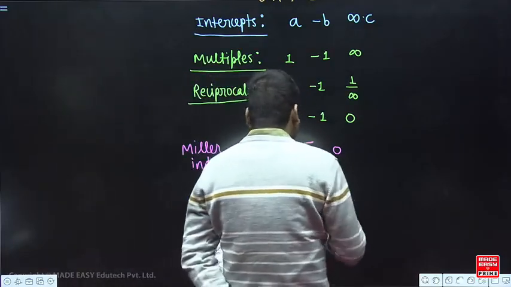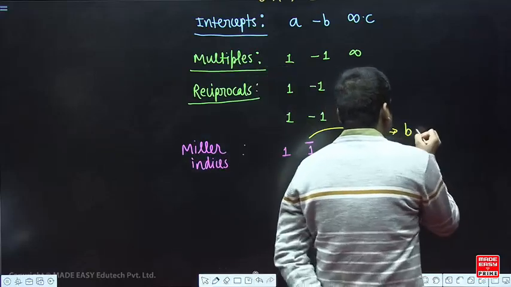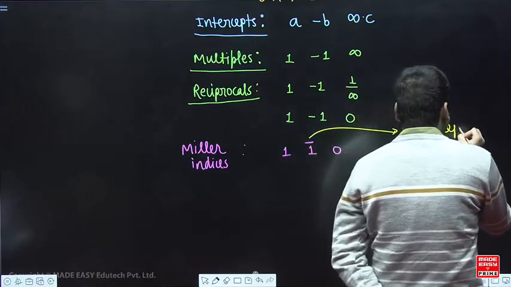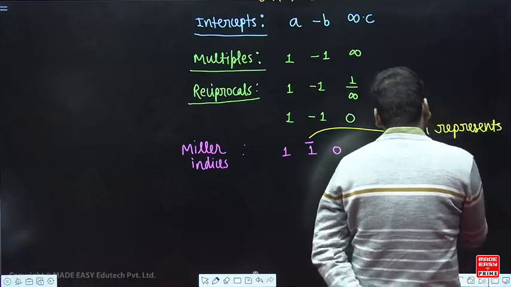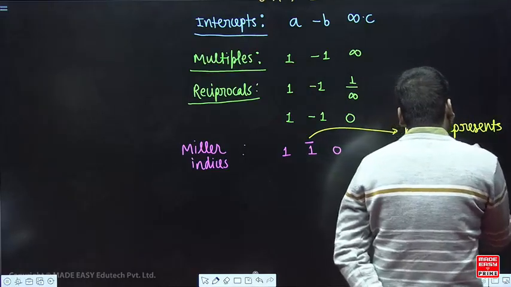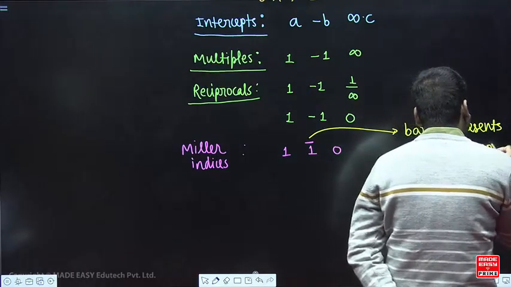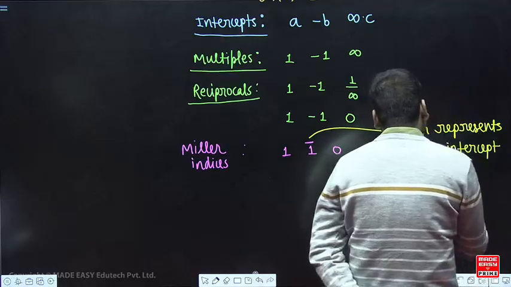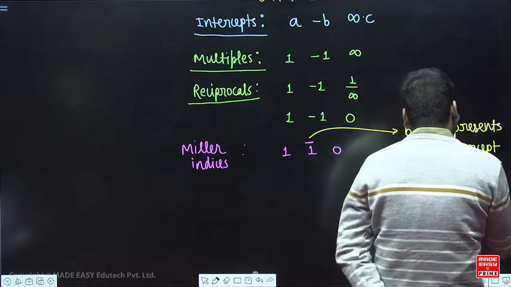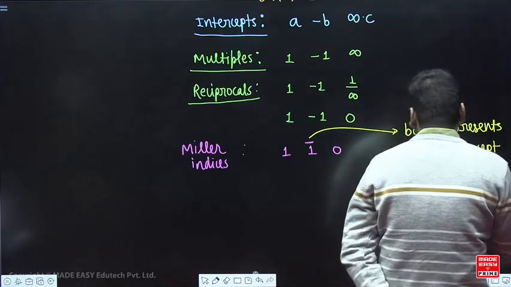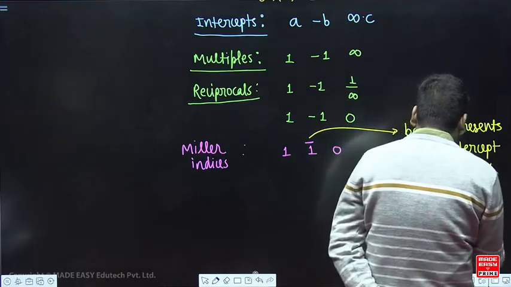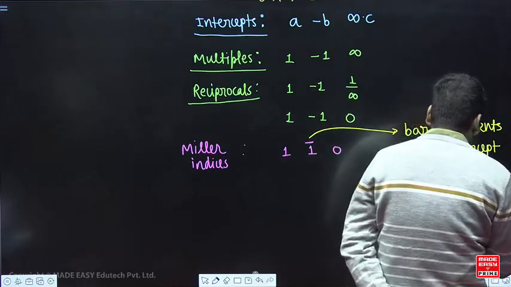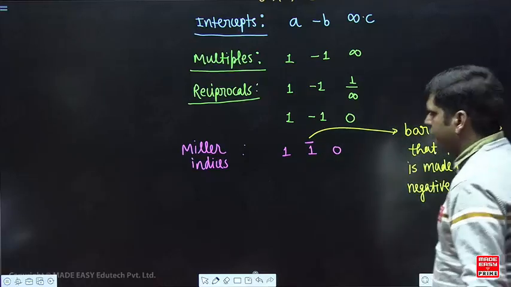So a bar represents that the intercept is made along the negative axis.